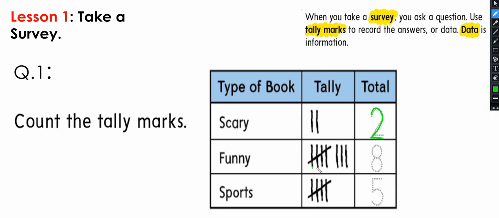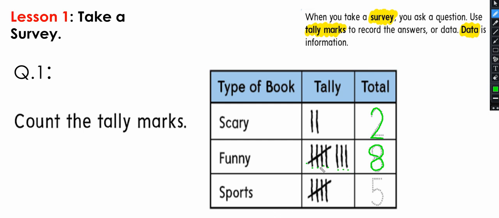See, it's the same: 1, 2, 3, 4, and 5. So just by looking at it, we know immediately that this is 5. And then we have 3 more, so 5, 6, 7, 8. So for funny books, there are 8 votes or 8 people.